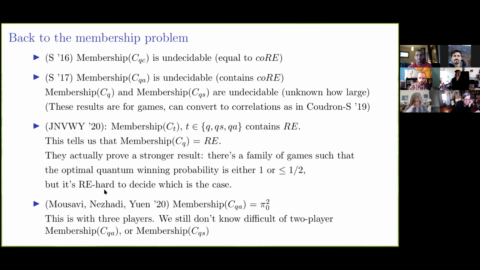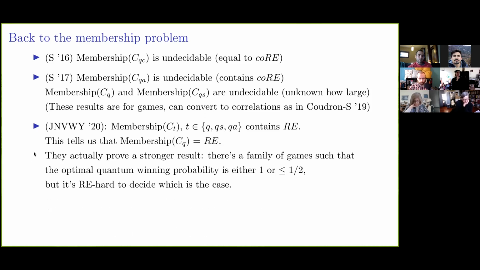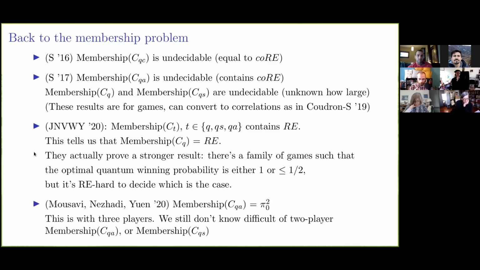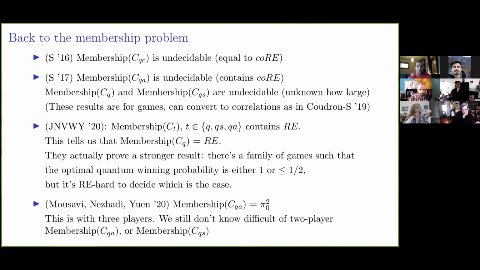Because a game can be thought of as a linear function on the set of correlations, you can turn that into undecidability of the membership problem. You also get, because Connes embedding would imply the decidability of that problem for the same reason that the membership problem would be decidable.